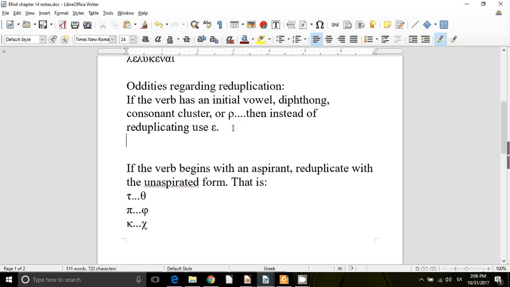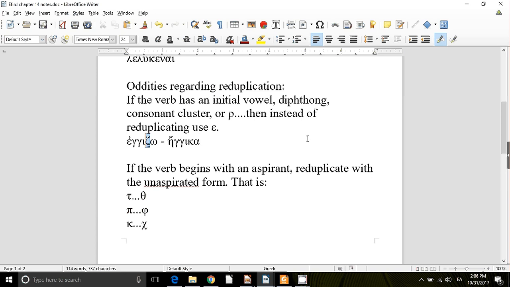So the example that he gives us is ingidzo, and this gives us a double oddity, because we're not going to reduplicate 2 letters. We're just going to use another epsilon, so that of course is going to give us an eta, eng, e, and then we might as well get our next oddity.